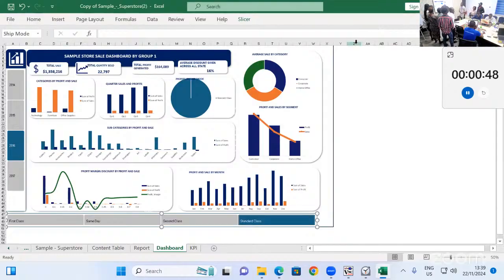So it's safe to say we should buy more consumer related products, because it's consumer related products that are bringing in more profits. Yeah, more profits. So those are the kind of recommendations I'm expecting here, right?